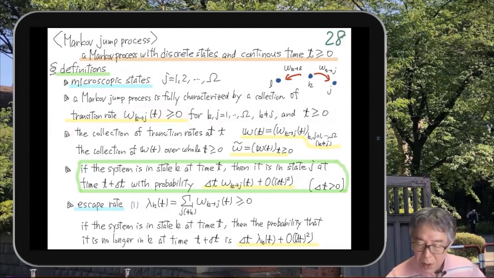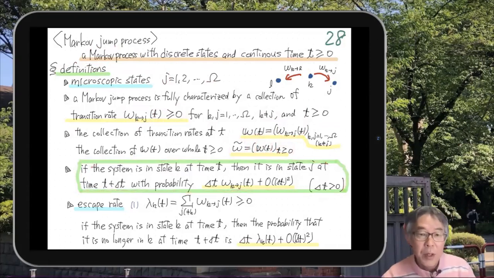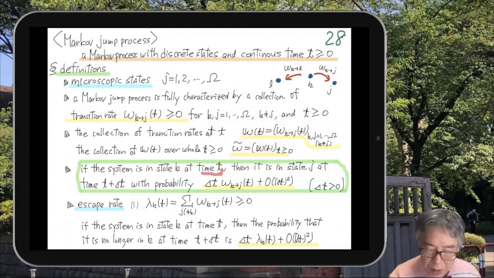For each t, the collection of all these omega kj is denoted like this, and the collection of all these for all t is denoted by omega tilde. And here is the basic meaning of omega. Suppose that the system is in state k at time t.